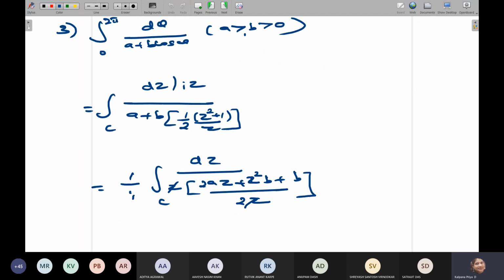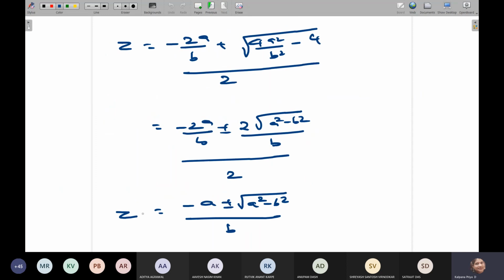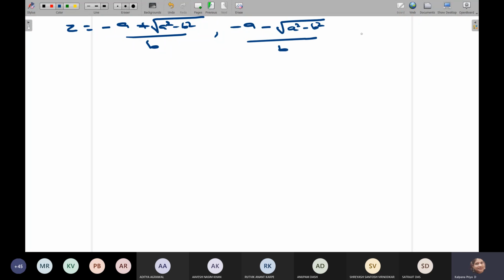For that, we already have a constraint that a is more than b and b is more than 0. Right. Using that given condition for a and b, we are going to identify which pole lies inside the contour. So here z equal to minus a plus root a squared minus b squared by b and minus a minus root of a squared minus b squared by b are simple poles.